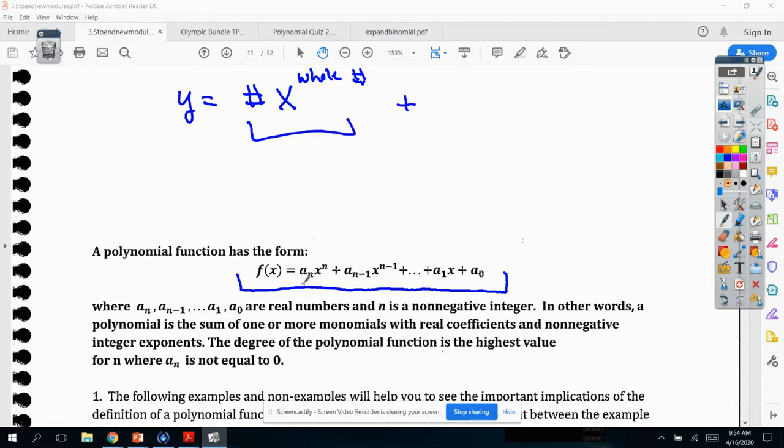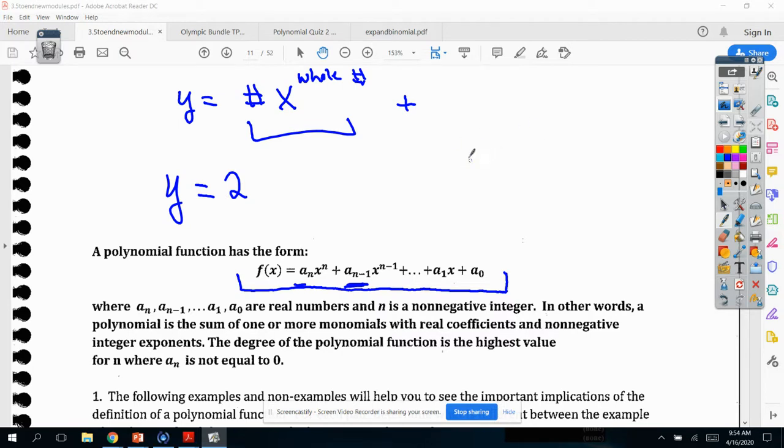So like this is a number x to some power plus, and this could be a different number x to a smaller power, and so on until you just get to the constant. So a constant function is technically a polynomial, although that's the one that's kind of a question mark. It's degree 0.